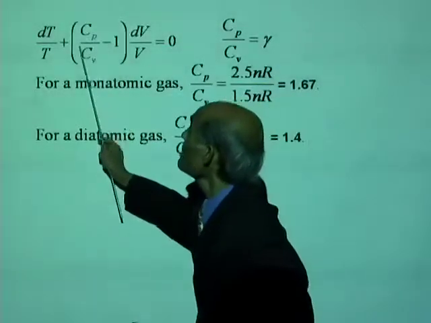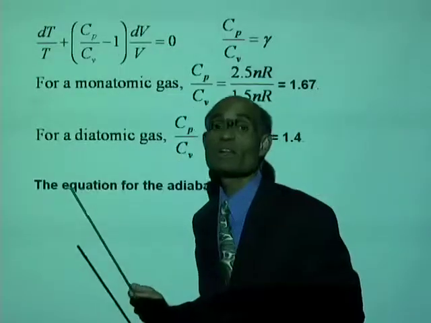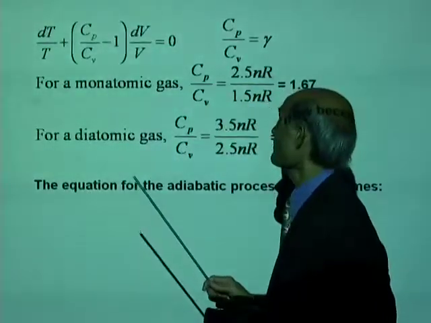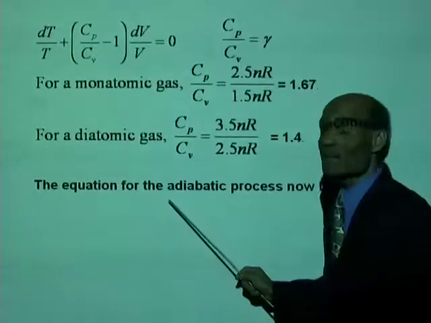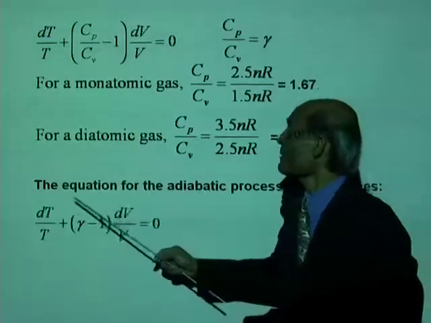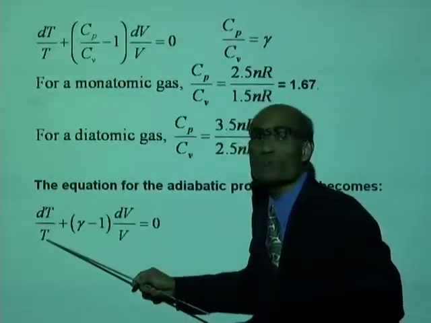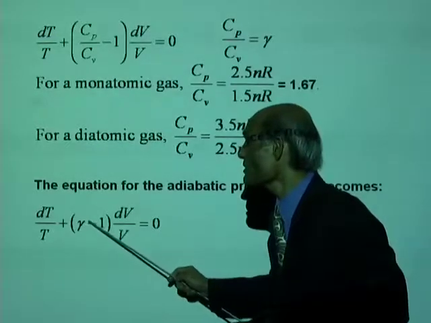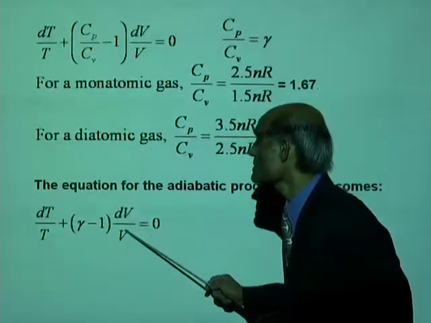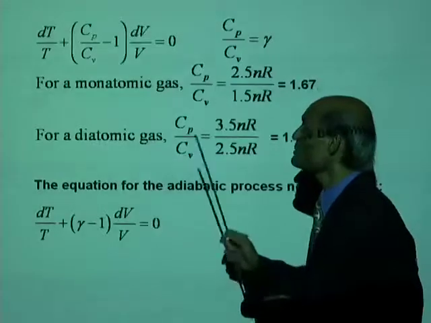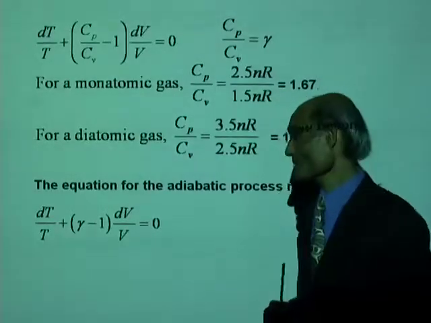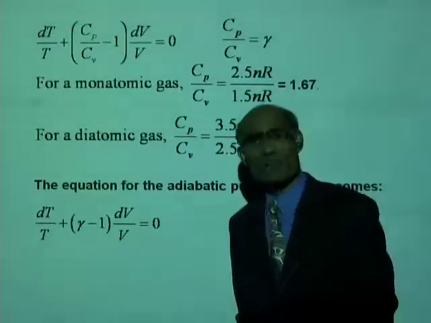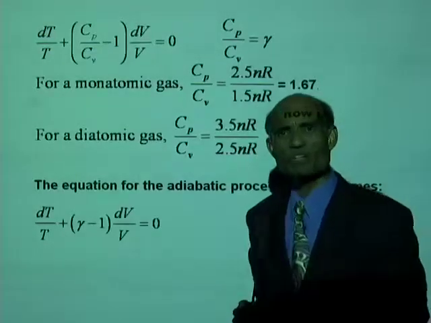So this Cp over Cv will now become gamma. So the equation for the adiabatic process now becomes dT over T plus gamma minus 1 times dV over V equal to 0. Well, this is a differential equation, a very elementary differential equation.